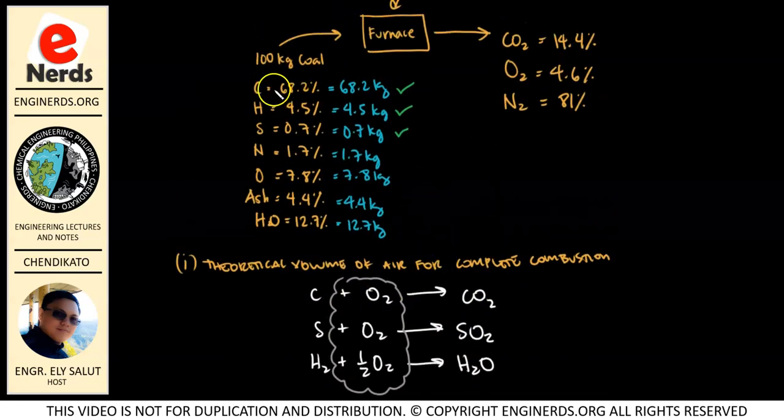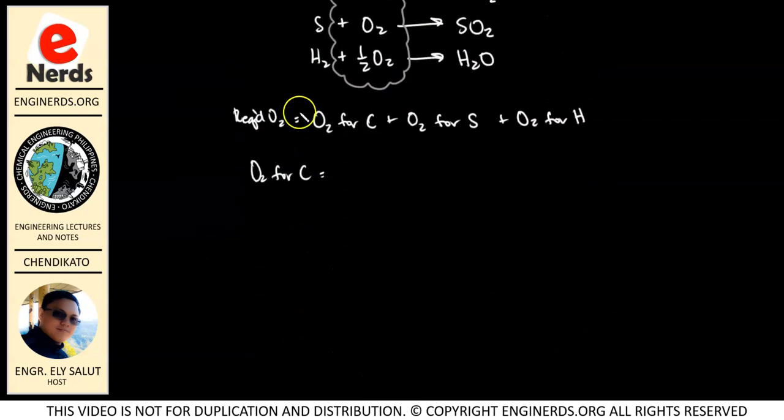So, alam natin that our carbon is 68.2 kg, no? So, we have here 68.2 kg. Then, we're going to divide this to its molecular weight. So, in 1 kilogram mole of carbon, we have 12 kilogram of carbon, ba?